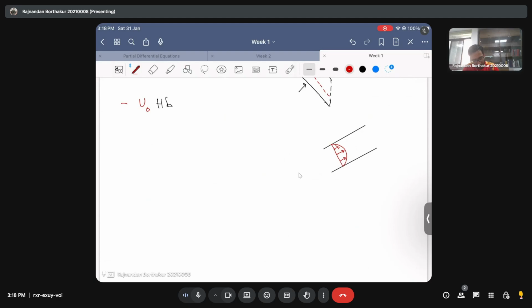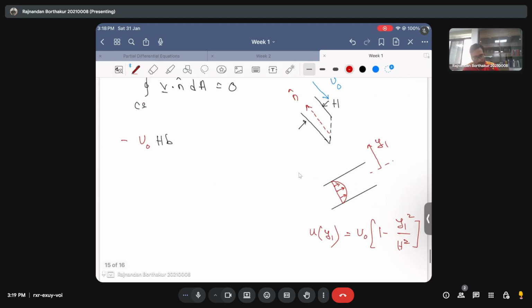This variation in the profile is that u as a function of y1, where y1 is the local y coordinate, is u naught times 1 minus y1 squared by h squared. That's the velocity profile that is given, where again h is going to be this distance.